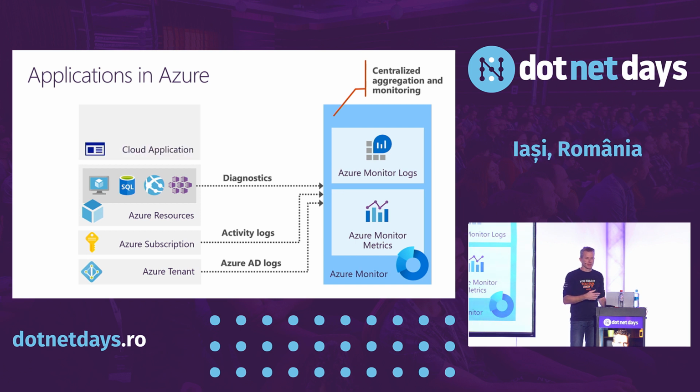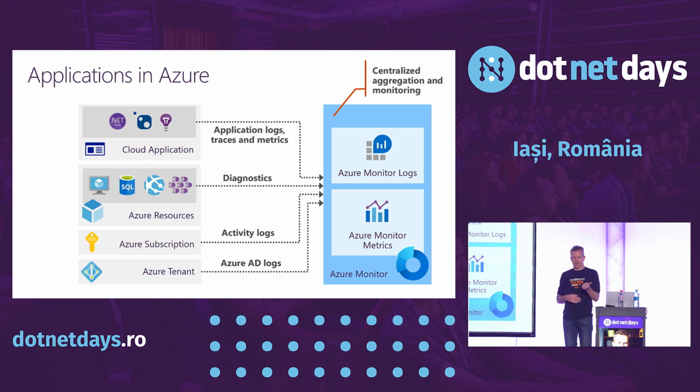And on top of that, you will run your cloud application. And it can be a service, a web API, it can be a website, any of those things. But we'll look at .NET Core, and we'll look at some of the NuGet packages that you will use and some frameworks to get the application log, the tracing information, and all the metrics out and push it all into Azure Monitor.